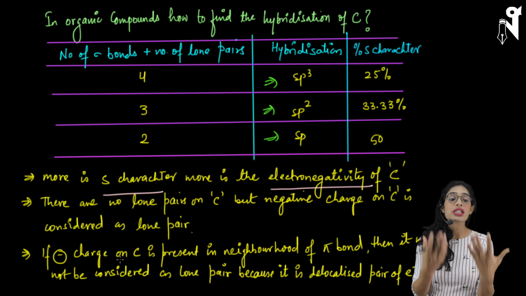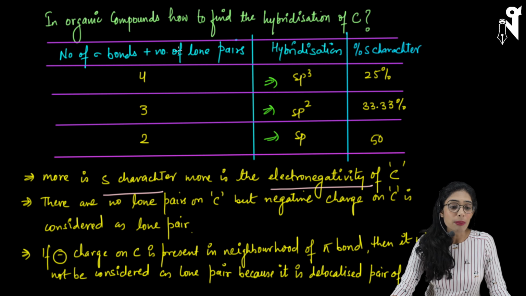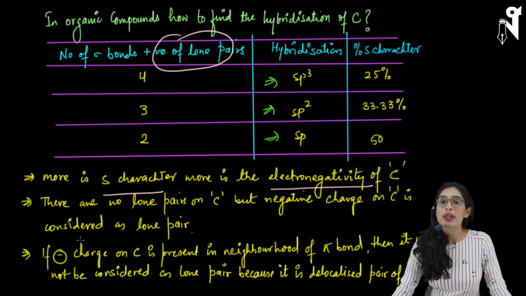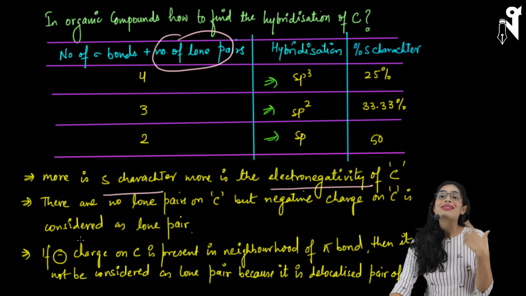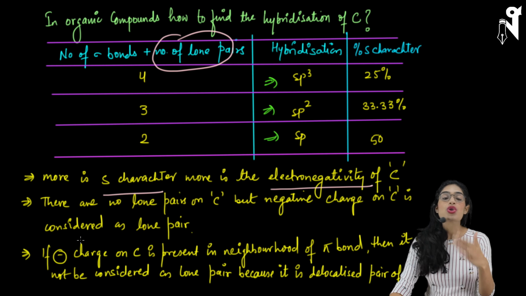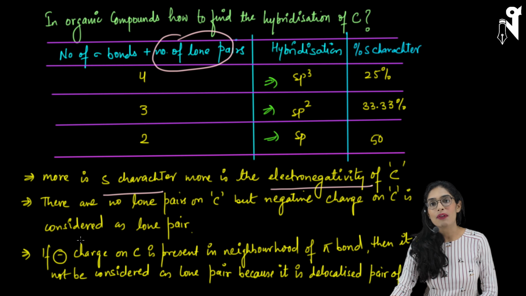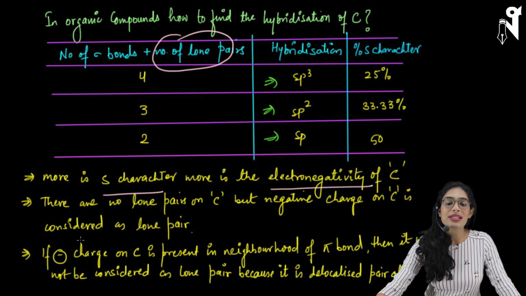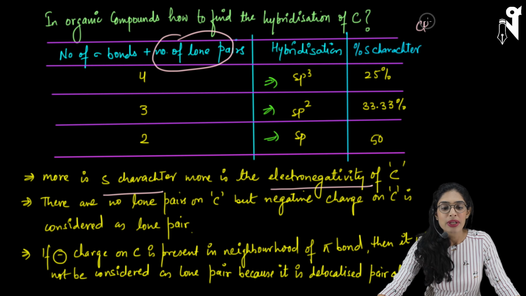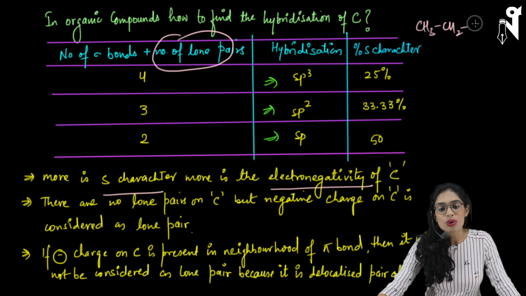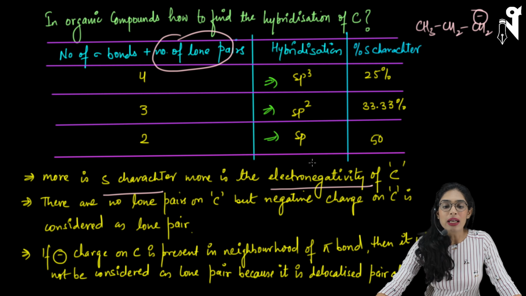So why have we taken this term, number of lone pairs, in our formula? What is the lone pair we are referring to, and in which case will this number of lone pairs be used? Let me explain. Let's say I have a case like CH3-CH2-CH2 minus. That means this carbon has a negative charge.